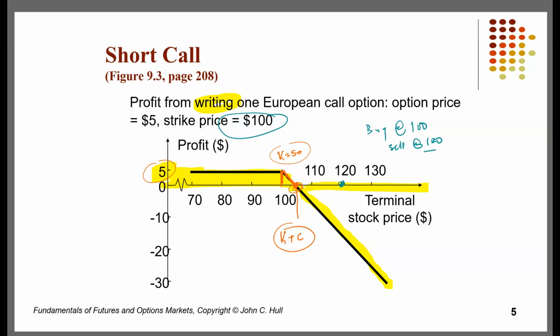Out of the 120, the long call is going to recover the $5 premium that it had to pay and make a profit of $15.